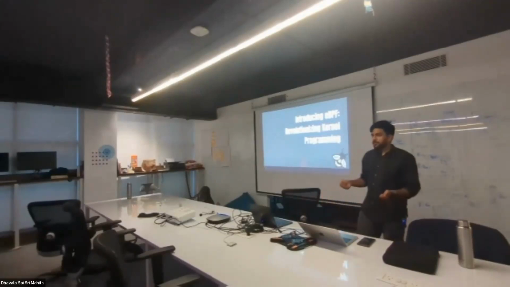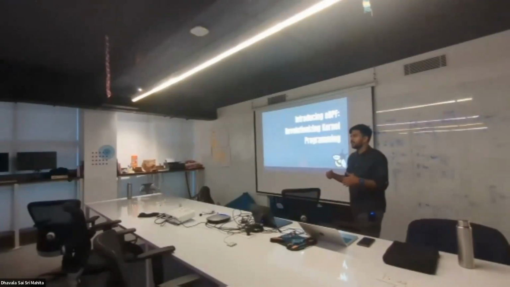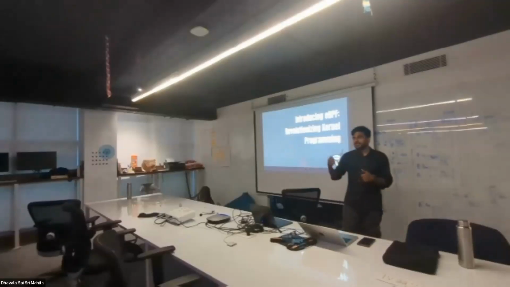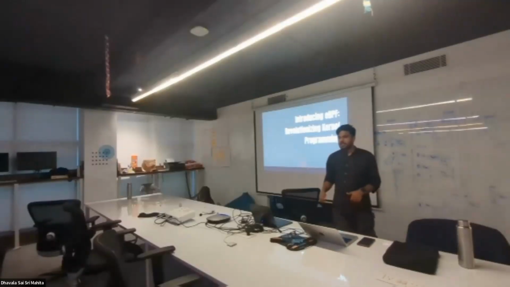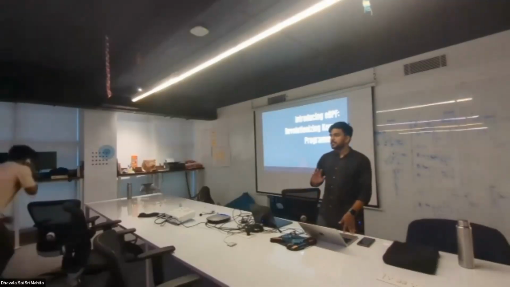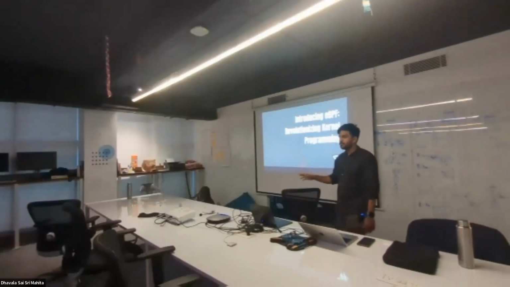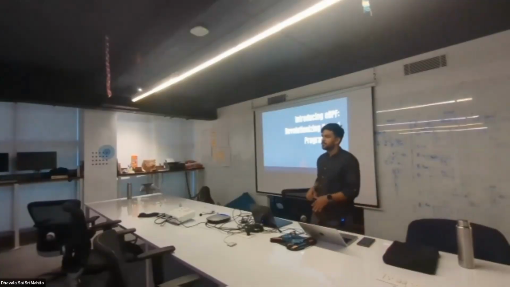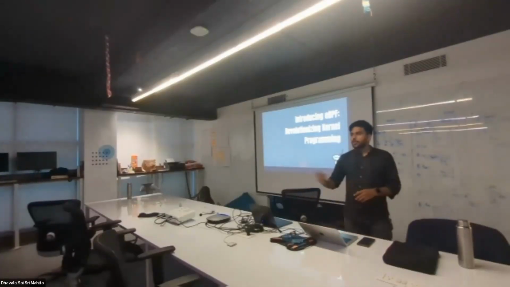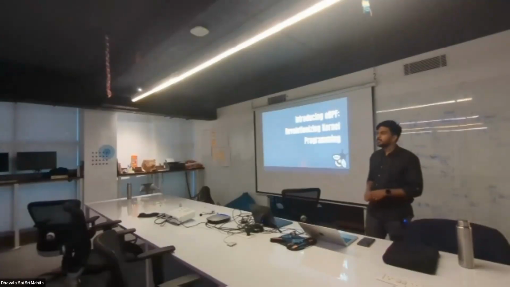So what is eBPF? eBPF, extended Berkeley Packet Filter, is something which is used to get data out from the kernel. You remember we had these websites which were totally HTML, like 15, 20 years back. There was nothing fancy, nothing popping up, no colors, no CSS, nothing.